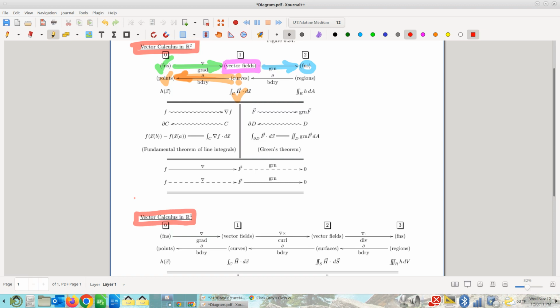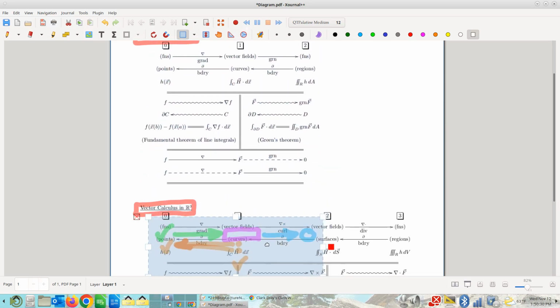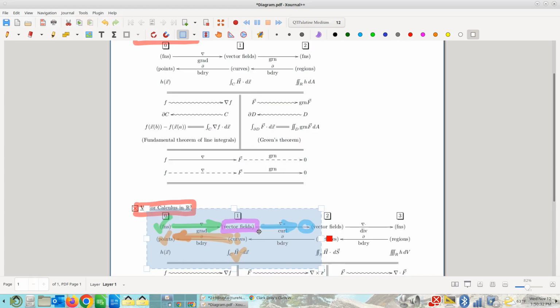And here's the cool thing. One of the cool things is that if you take this pattern on the diagram describing special vector fields and their various properties, it works in 3 dimensions also. Well, that's actually pretty cool.